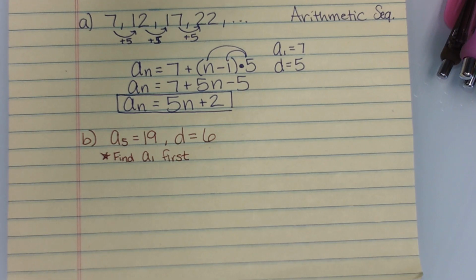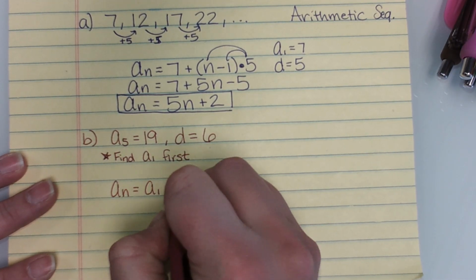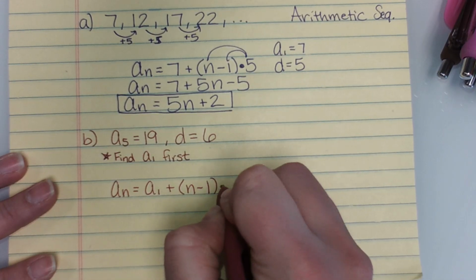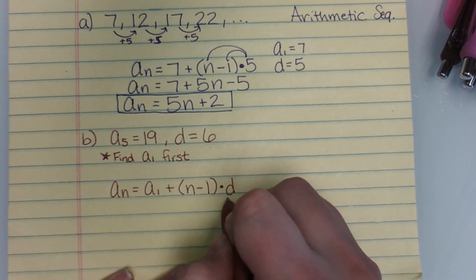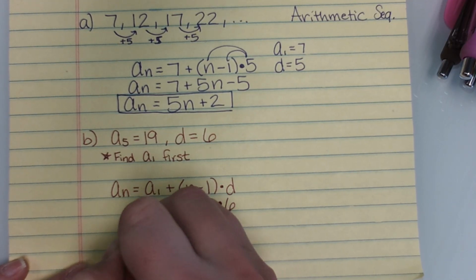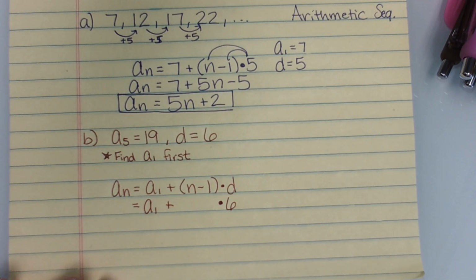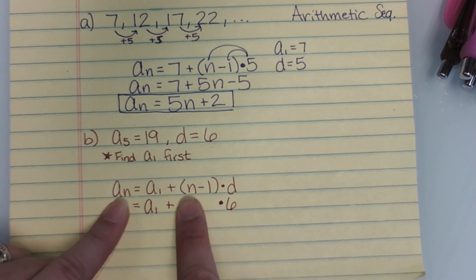Another option we can use is we have a formula. We have a formula, a sub n equals a sub 1 plus n minus 1 times d. We know d is 6. A sub 1 is missing. The question is, do we know an a sub n and an n that correspond to one another?